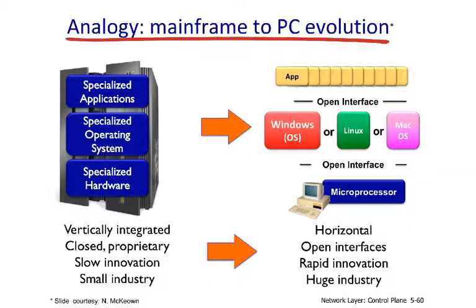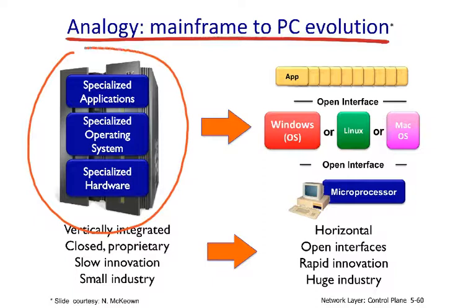If we think of the computers before PCs, we had a monolithic device in which the three layers called hardware, software in terms of operating systems, and software in terms of applications were all integrated in the same device, belonging to the same vendor. They were closed, so you had to buy everything belonging to the same vendor.